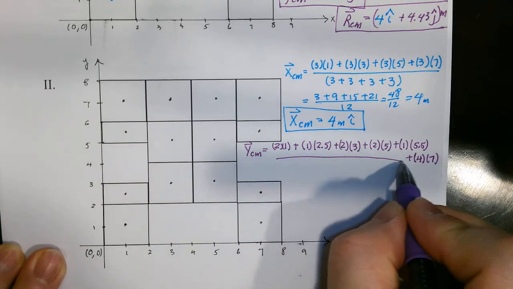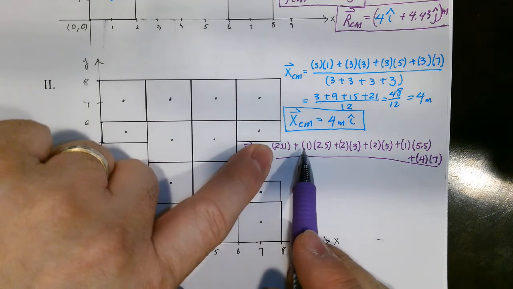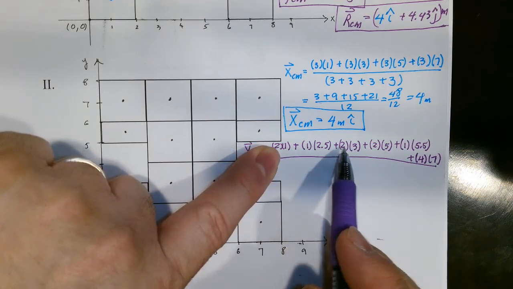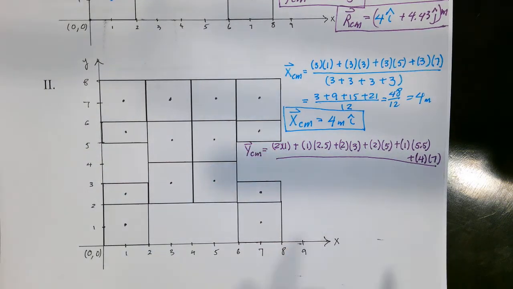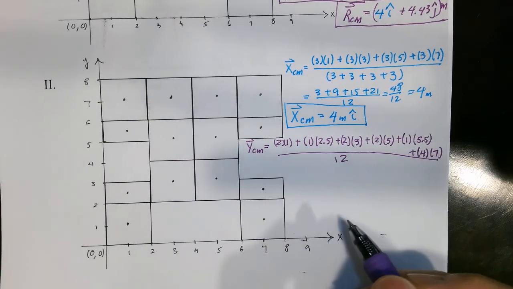Whole thing divided by, now obviously it's going to be 12, but if you want to, you could say 1 plus 2 plus 1 plus 2 plus 2 plus 1 plus 4, or just 12. It's not going to change.